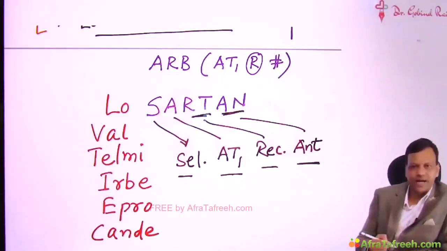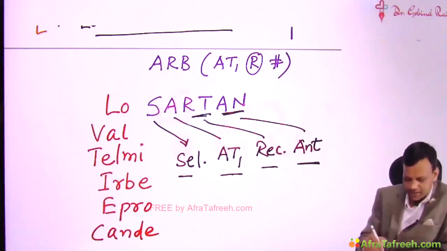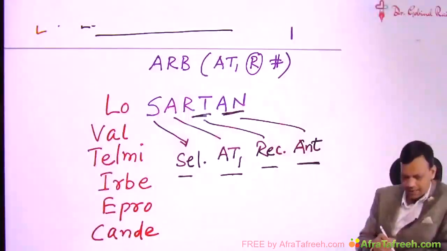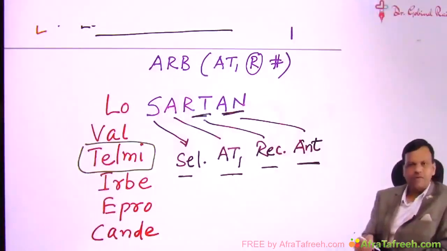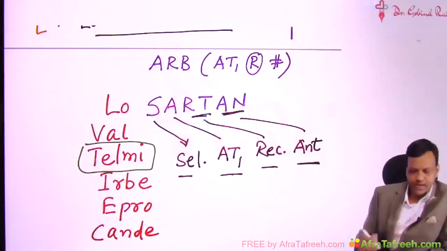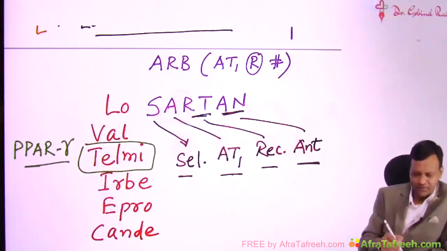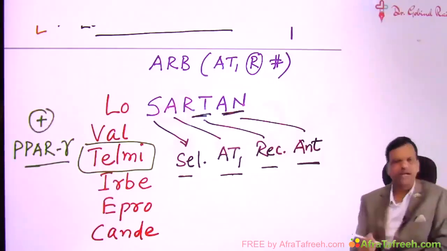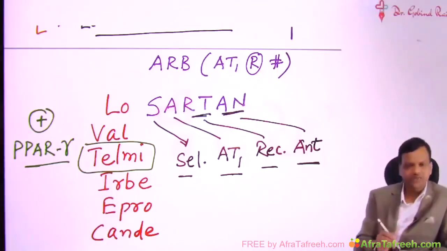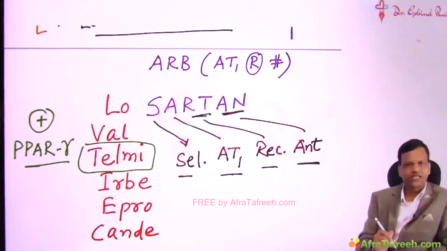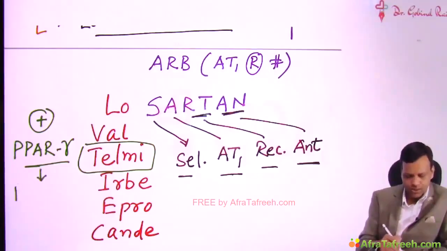Now among the sartans, one special point to remember is telmisartan. Apart from inhibiting the angiotensin receptors, telmisartan also stimulates PPAR gamma, peroxisome proliferator activated receptor gamma. The drugs which stimulate PPAR gamma we will discuss in diabetes: glitazones like rosiglitazone and pioglitazone. So telmisartan has a similar action and is also used to reverse insulin resistance.